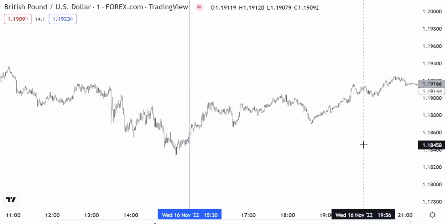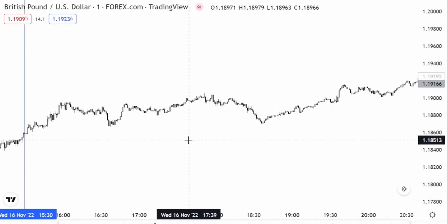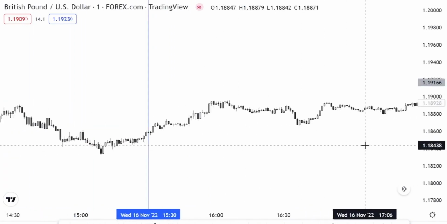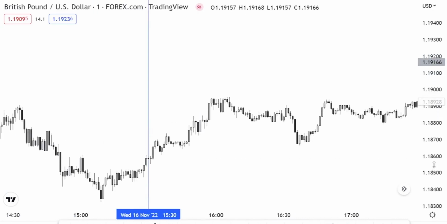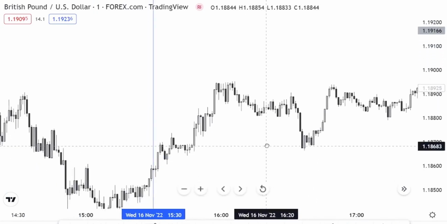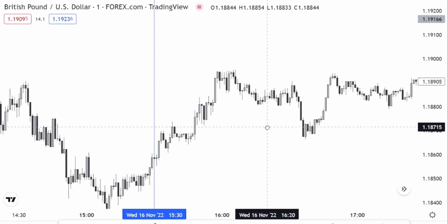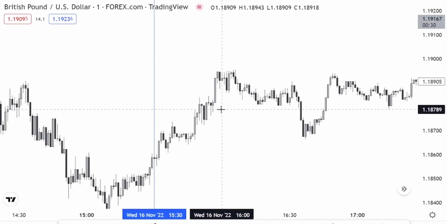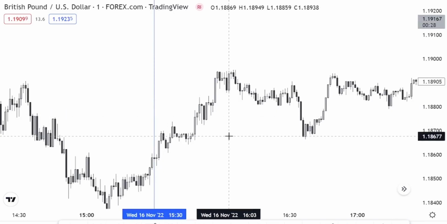Let me zoom in for us to see clearly what we are looking for. This is the vertical line that we placed on our 15M. To the right of this vertical line is where we'll start looking for our trade setups or our entry.